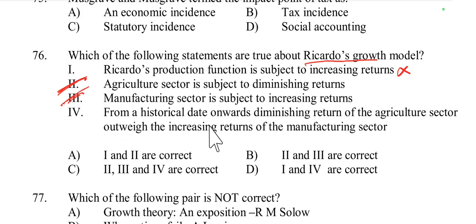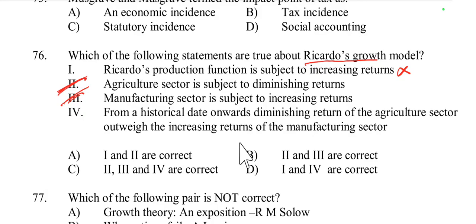Then option 4, from historical data onwards, diminishing return of the agricultural sector outweighs the increasing return of the manufacturing sector. Here the agricultural sector's diminishing return is more than the manufacturing sector's increasing return.